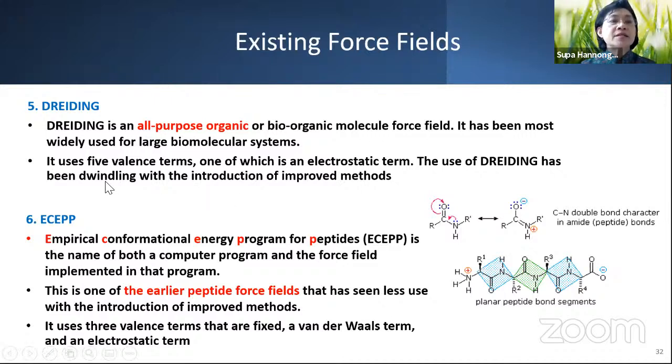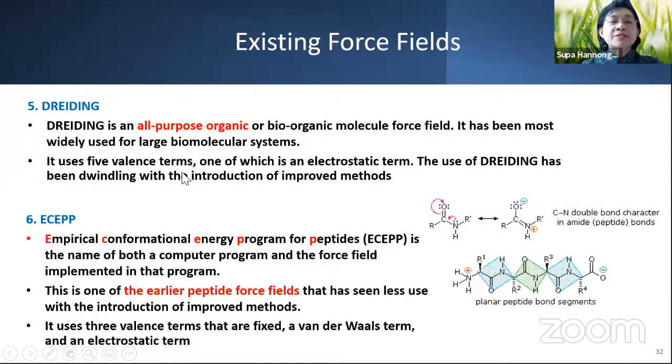And the next is DREIDING. Some of you, if you work on computer modeling, you will see or may hear about DREIDING. This is the force field that we call an all-purpose organic or bioorganic molecule force field, because it can apply to quite a range of organic and bioorganic molecular systems.